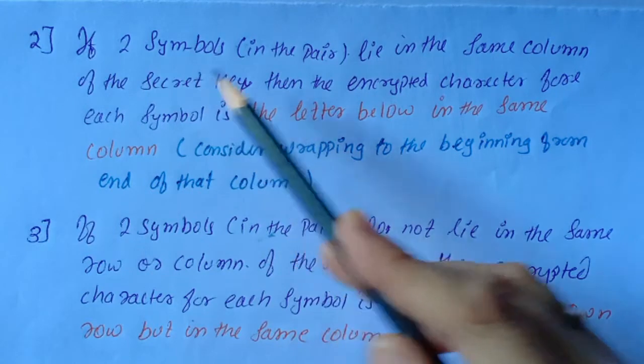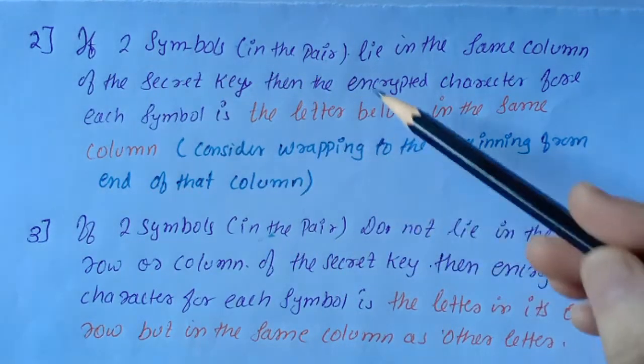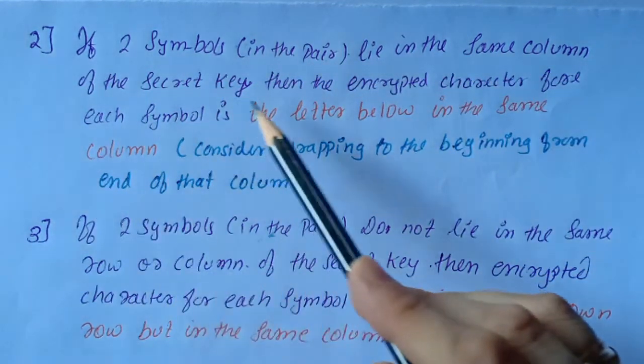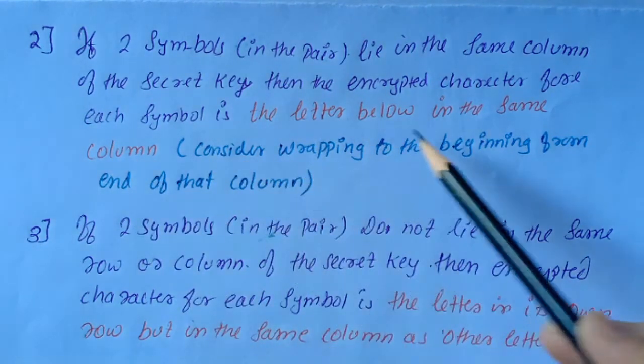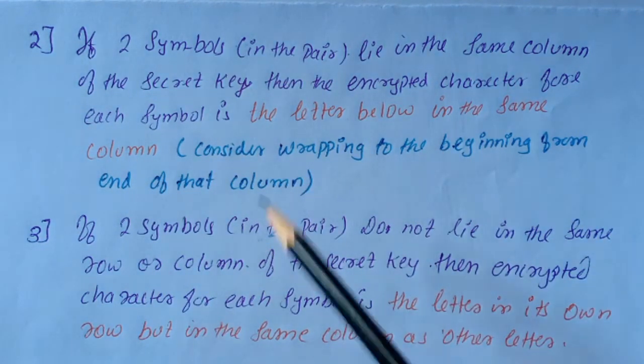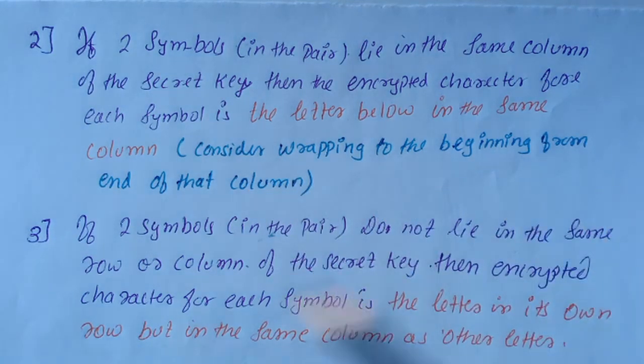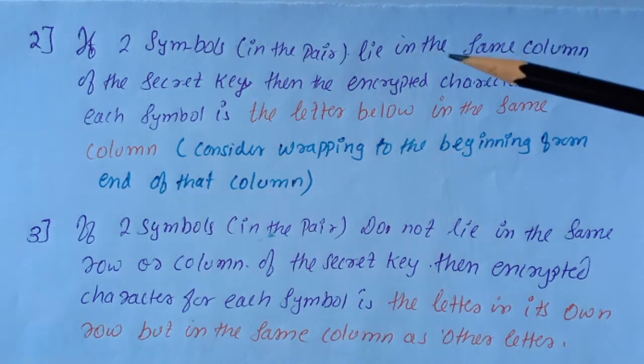If two symbols in the chosen pair lie in the same column of the secret key matrix, then the encrypted character for each symbol is the letter below in the same column. Consider wrapping to the beginning from the end of the column. That is, if the symbol lies at the end of the column, then the encrypted symbol will be at the start.